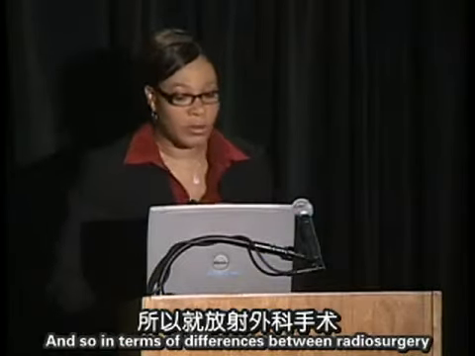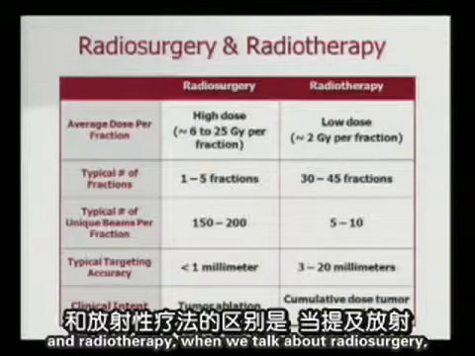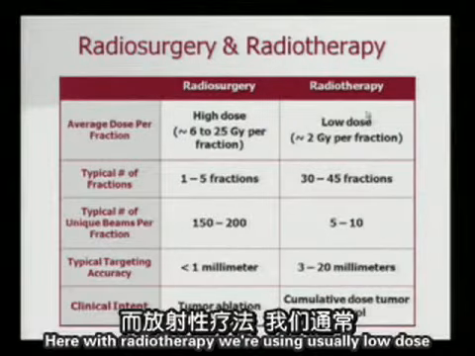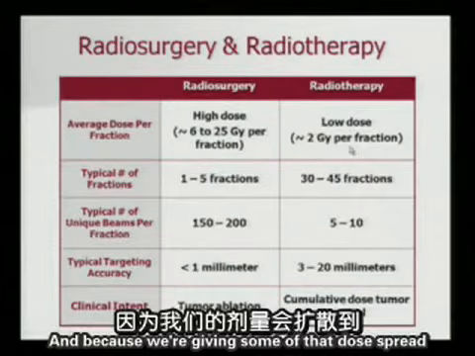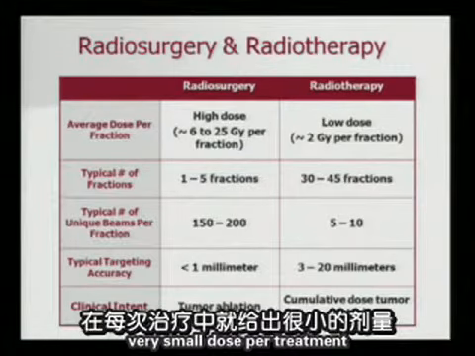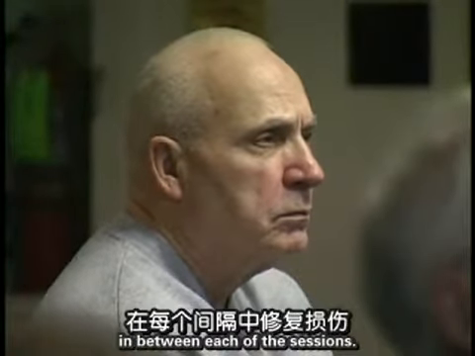And so in terms of differences between radiosurgery and radiotherapy, when we talk about radiosurgery, we talk about high dose per treatment. Here with radiotherapy, we're using usually low dose per treatment. And because we're giving some of that dose spread to other normal areas, we end up having to give a very, very small dose per treatment so the normal tissues repair the injury in between each of the sessions.